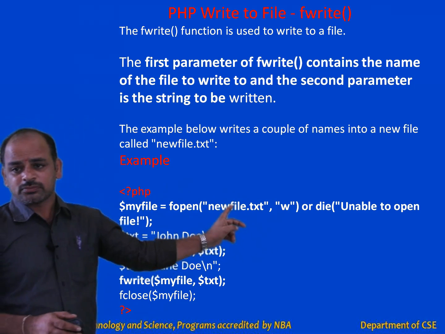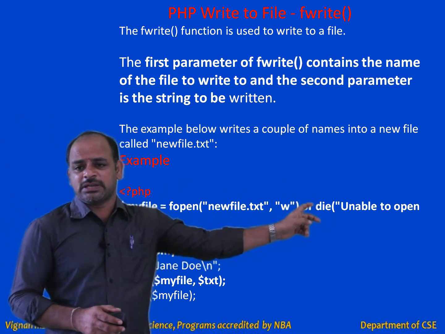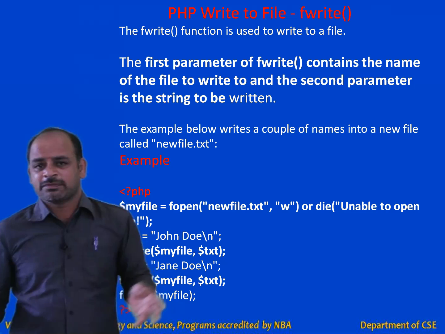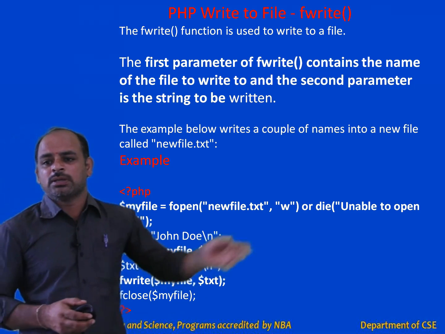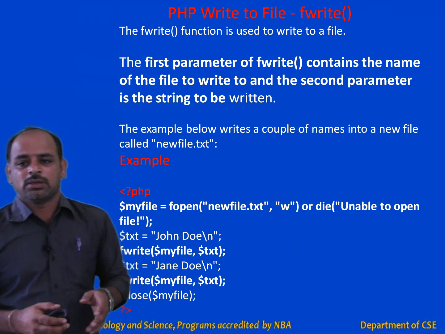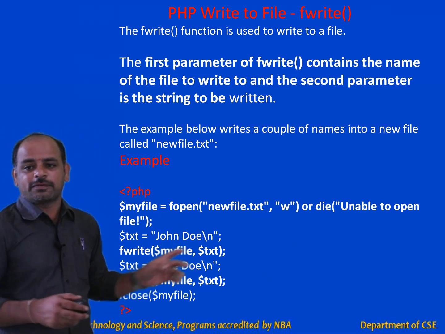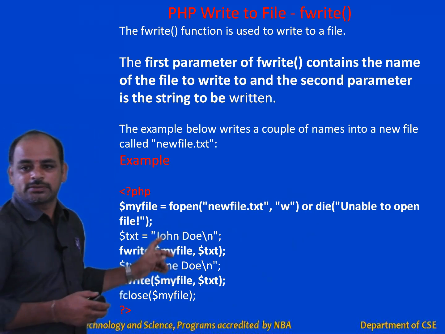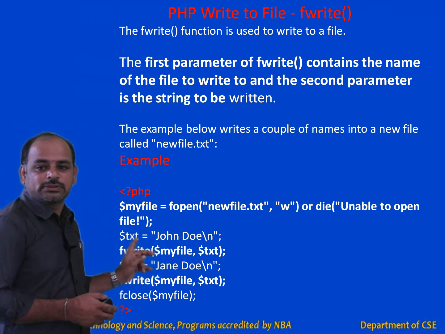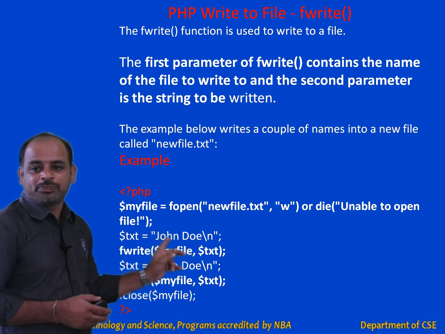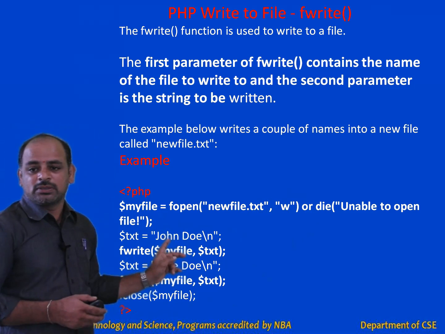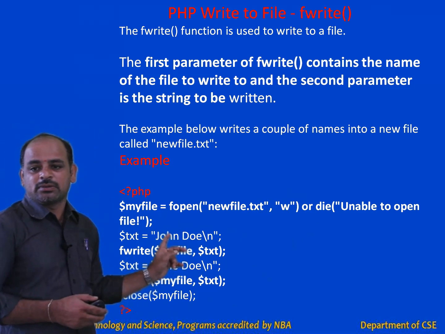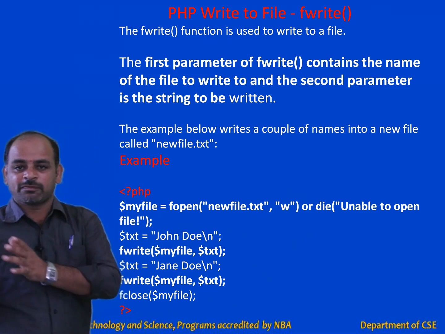Otherwise, if there is any error, like if there is no sufficient space to create a new file, then you will get an error, unable to open the file. After the file is opened successfully, you want to write some data into that file. So again, this is text, a string variable, which I'm initializing with John Doe, which is to be written into that file.